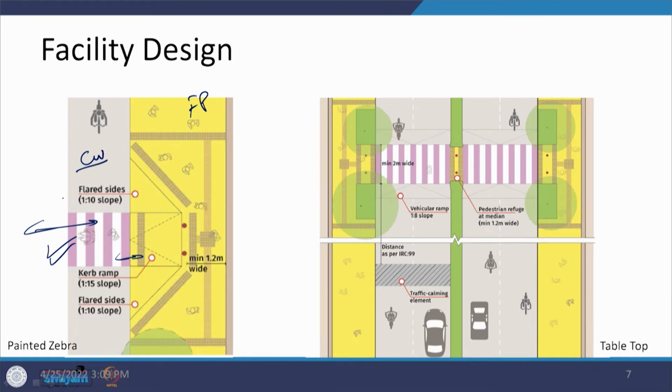So, this level is L equals 0 and L equals 0. Here the level of this footpath is plus 150 mm with respect to the carriageway. So, we are going to design a ramp here. We have discussed about it, and we said that a minimum 1 in 12 and acceptably 1 in 15 should be the grade we should provide here. It is being flared, and that flare is 1 in 10 we are going to provide.